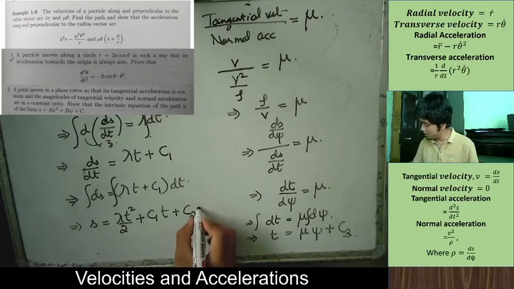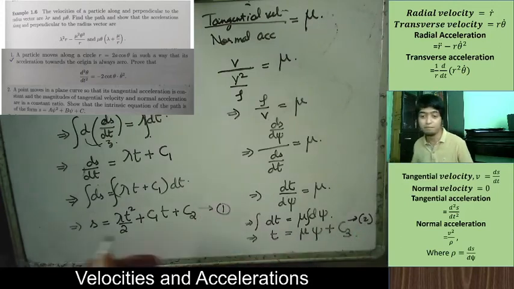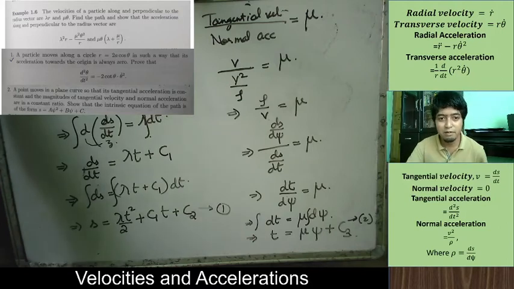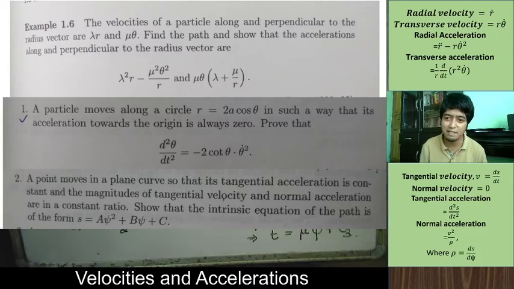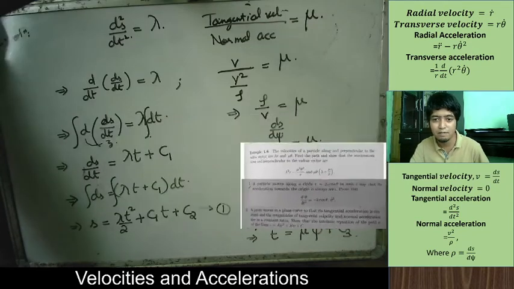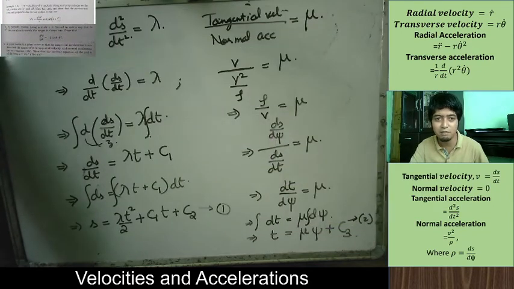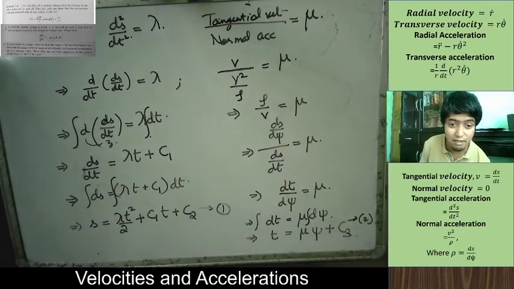Name this one as equation 1 and this one as equation 2. If you look at the question, s should be on the left hand side and psi on the right hand side, and the equation should not involve time. So we substitute equation 2 in equation 1 to get the required answer.